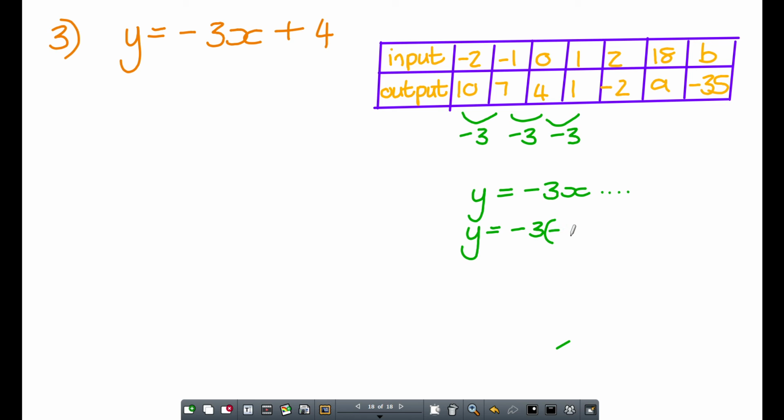So let's substitute in that minus 2. And my answer at the end should be 10. Okay, so far, minus 3 times minus 2 gives me 6. So I knew I had to say plus 4.